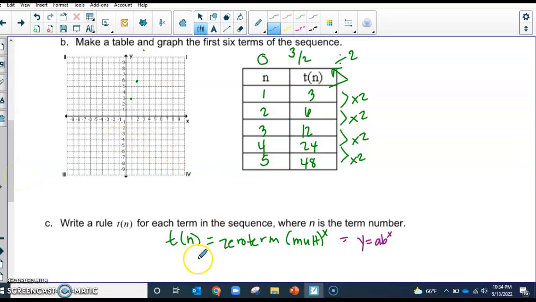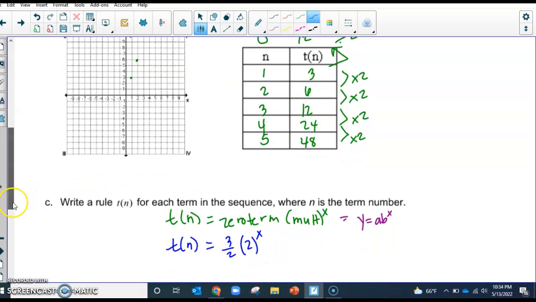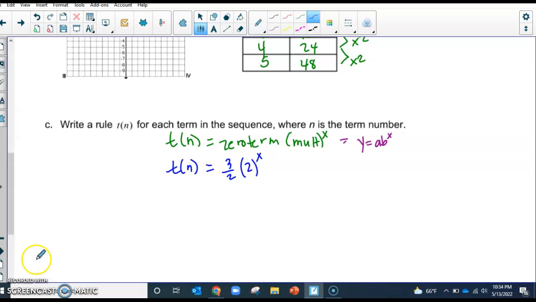If I were to use numbers for this, based on this sequence right here, it would say t of n equals 3 over 2, 2 to the x. And that's it for page 6.